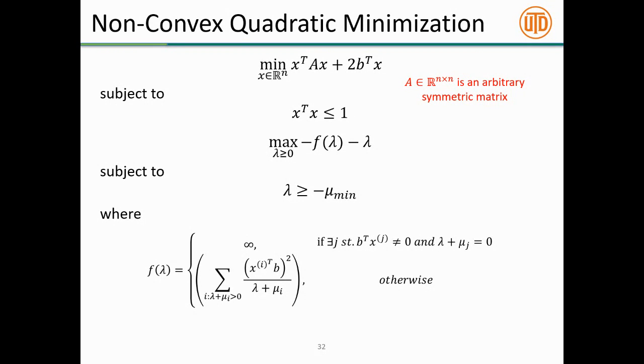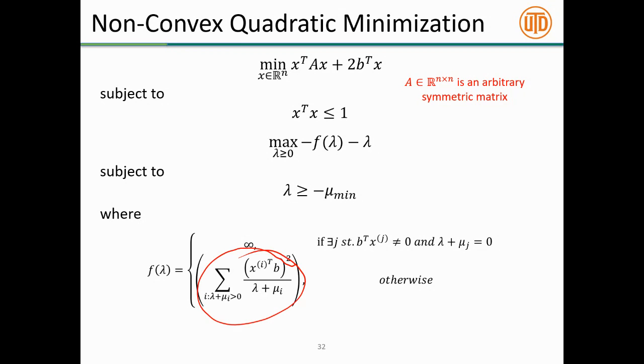And this function f of lambda is the appropriate extended value definition of this expression here. Like I said, as lambda plus mu i gets close to 0, this function approaches infinity, so it's the correct extension. It's easy to check that this function is convex, or concave.